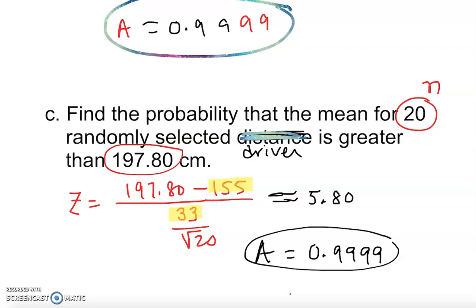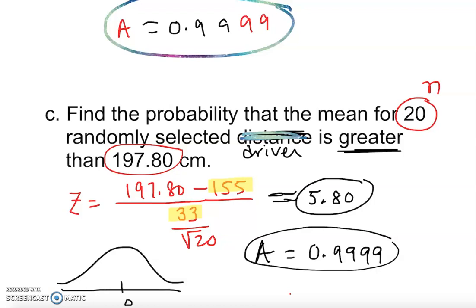And the question is, we use 20. We're looking for greater than. Do you think it makes sense here? No. Why not? Because we are looking for greater. If we put down the z-score, this is 0, 1, 2, 3, and you're looking for 5 point something, so that cannot be this, no way.